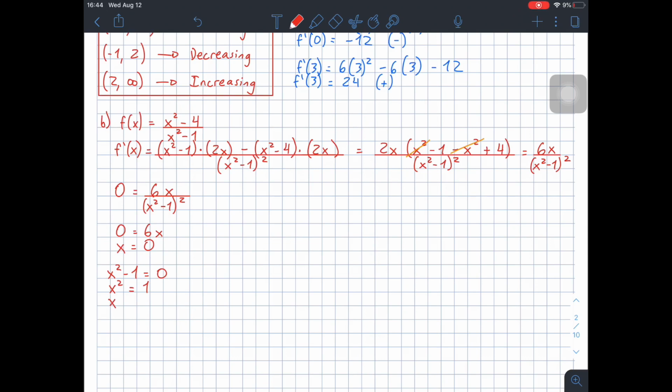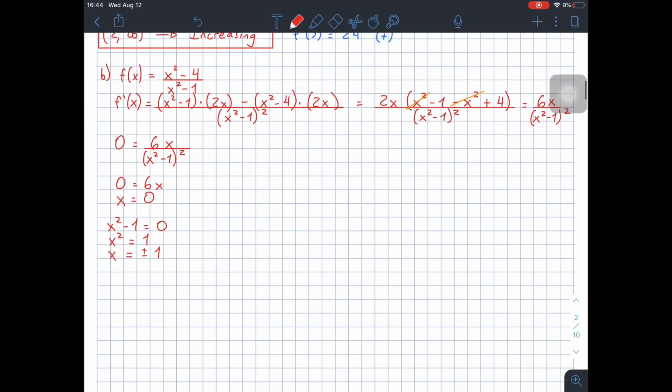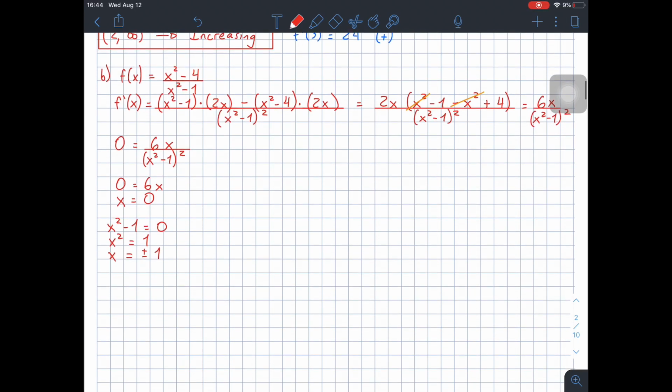So x equals plus or minus, if I do a square root, plus or minus 1, right? Let me write it down here. For x equals positive 1 and x equals negative 1, the function is undefined.